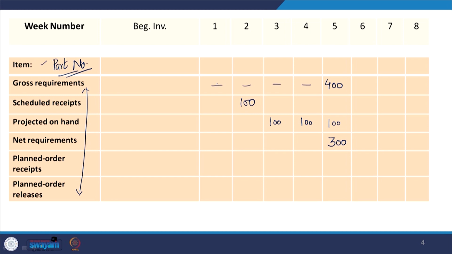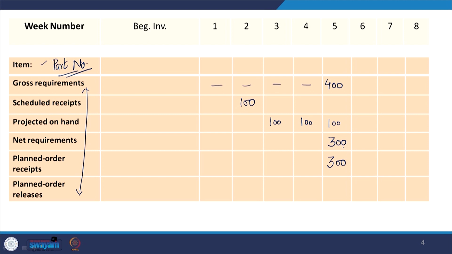You require only 400 units in the fifth period, and projected on hand in that fifth period will be 100 units, and net requirement therefore becomes 300 units. So, you have to receive 300 units on this particular day, then only you can fulfill the requirement of 400 in the fifth week.